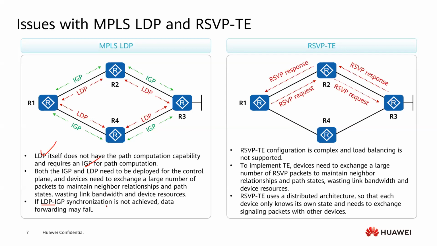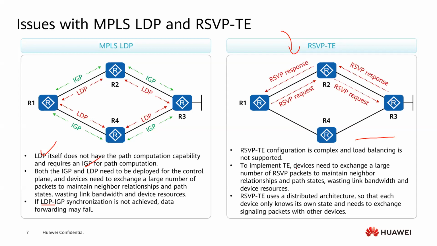And RSVP-TE is another typical protocol to establish the MPLS LSP. First, the configuration is very complex and it cannot do load balancing. Between two RSVP MPLS-TE tunnels you can load balance, but within a single tunnel you cannot do load balancing. That is another problem for RSVP-TE.